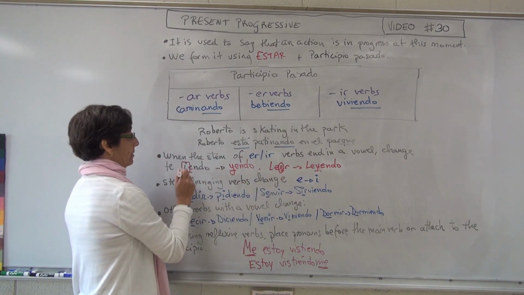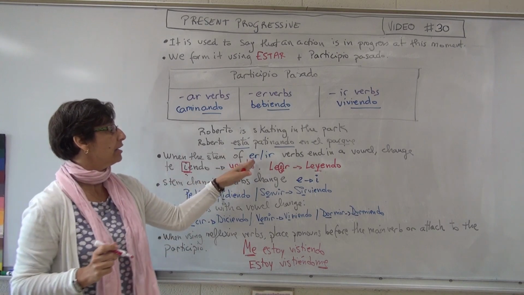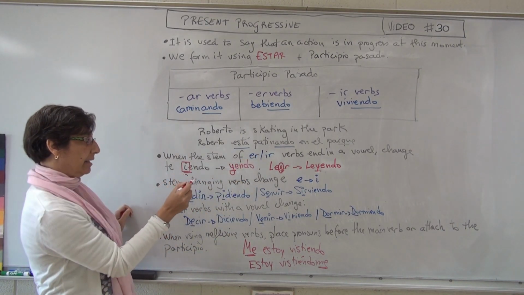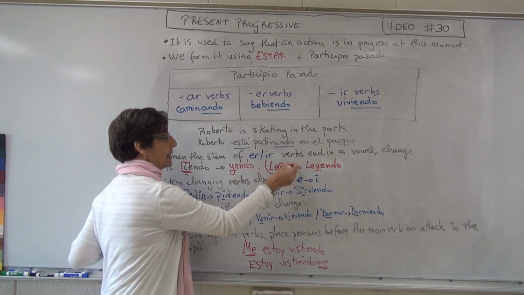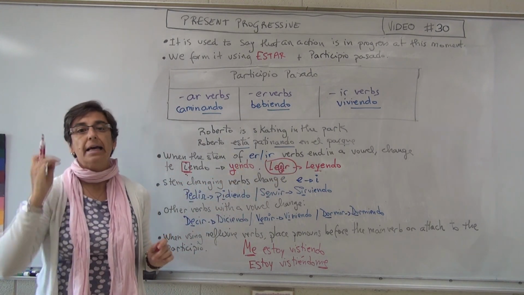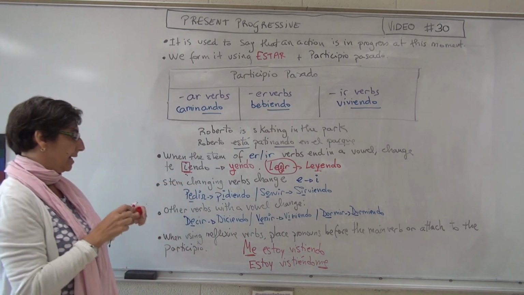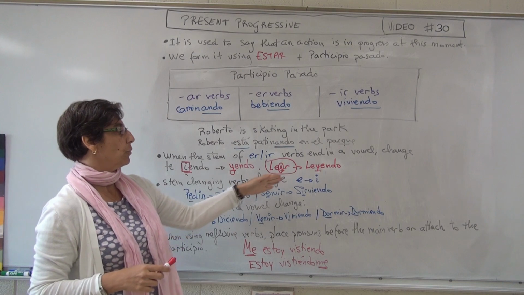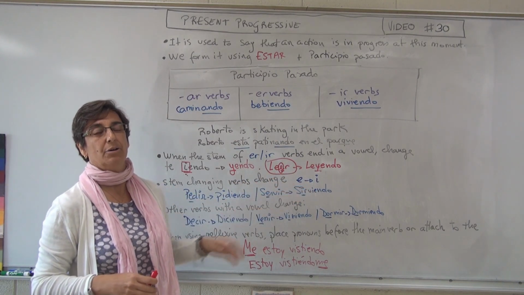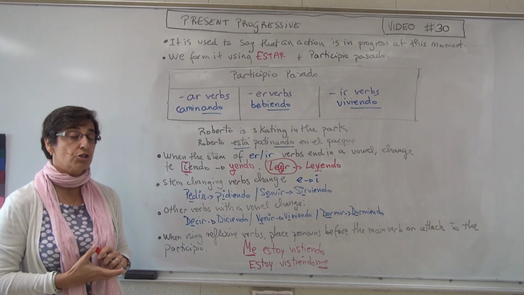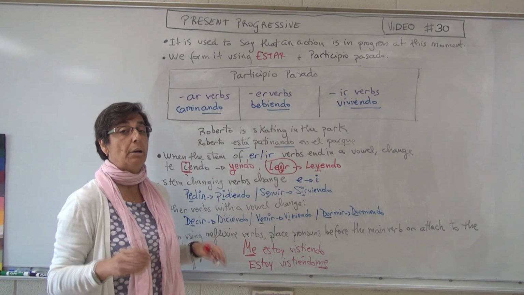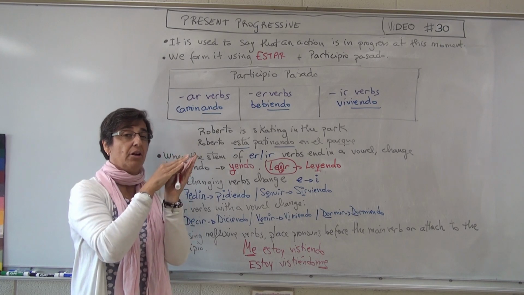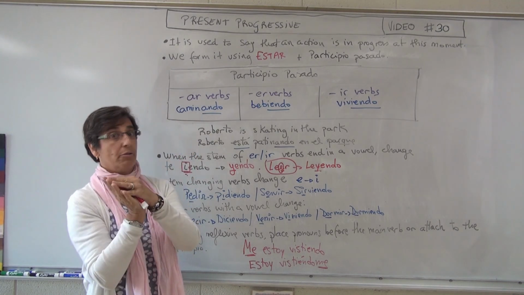So here, remember, if the verb in the ER or IR form ends with a vowel, like leer, we have to change the I into a Y. And then more irregular things. Stem changing verbs change E into I. Okay, remember stem changing verbs or boot verbs? They are the ones that have the change in the middle because one vowel becomes another one.